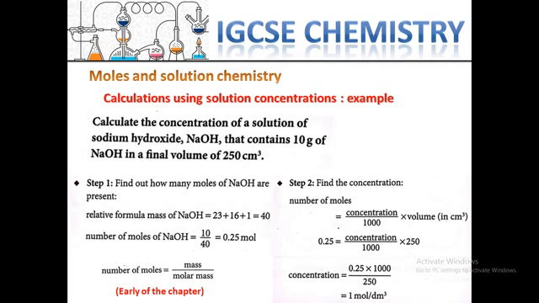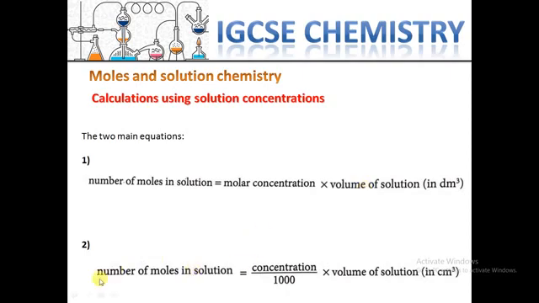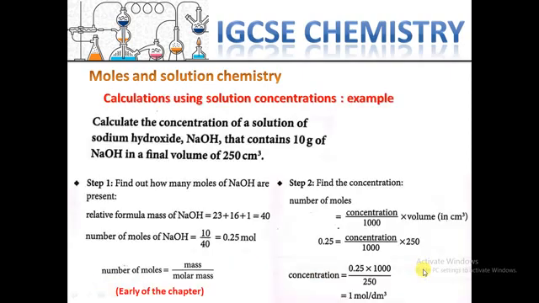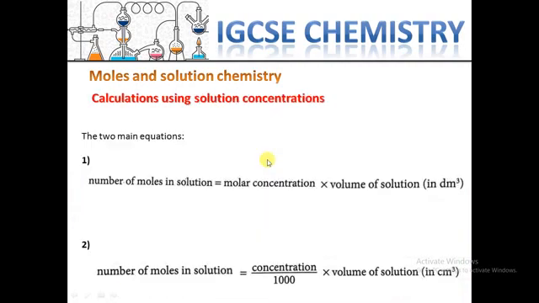So now we have the number of moles. If we look back to this slide, the question asks for cubic centimeters. Be careful with these units. Cubic centimeters means you need to use the second equation, because this equation is based on cubic centimeter, not cubic decimeter.